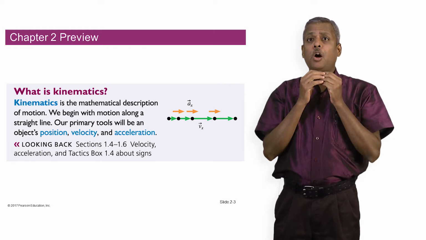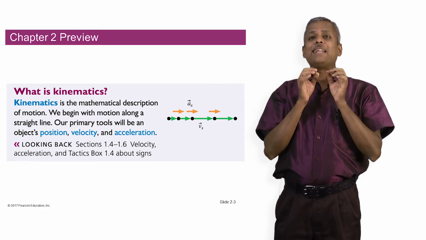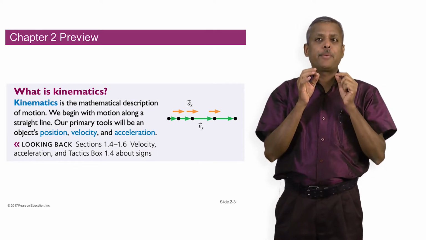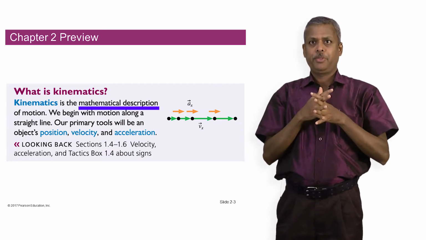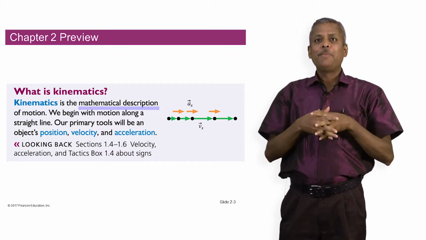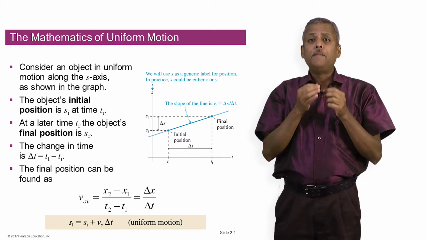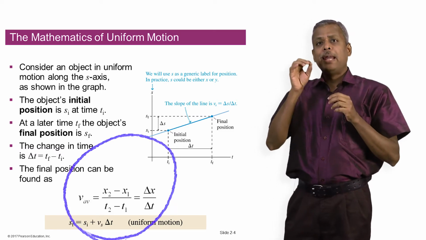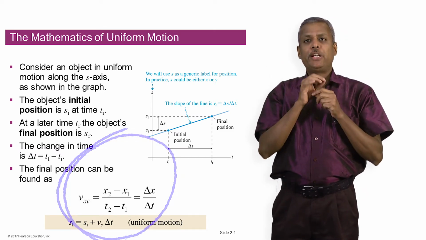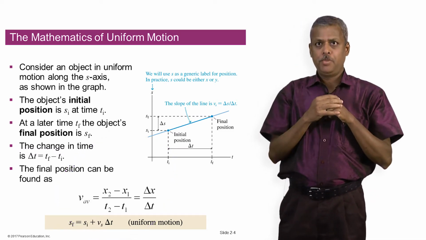Why is kinematics important, or what is it? It is nothing but a mathematical description of a motion. Let's say I have an equation which I got from the previous chapter. The average velocity is x final minus x initial over delta t.